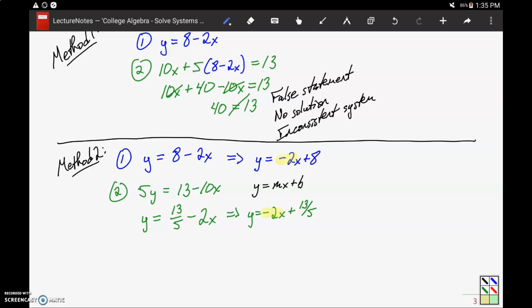So both of these equations have a slope of negative 2, but we have different y-intercepts. So two lines that have the same slope but different y-intercepts are two parallel lines.